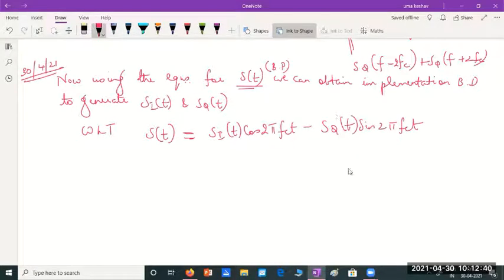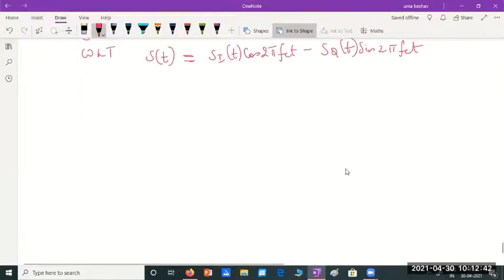So can you tell me how the implementation block diagram for this will look like? First thing, I should what? This will give me the expression to find S of t from Si and Sq.